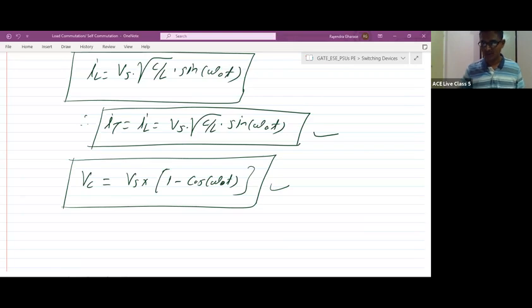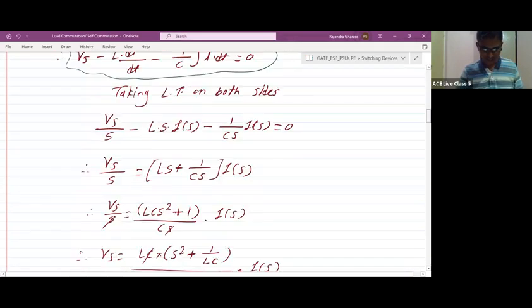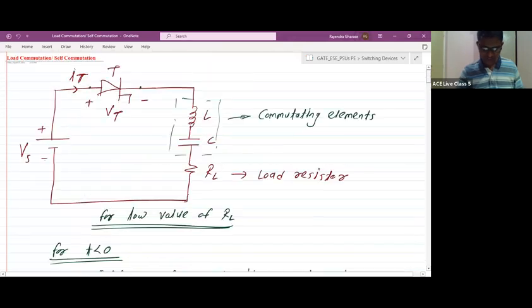Suppose the inductor and capacitor are not connected in this circuit, then is there any possibility of getting zero current in the circuit? No, you cannot get zero current. So the requirements for commutation cannot be reached here, and that's why we need to go for force commutation.